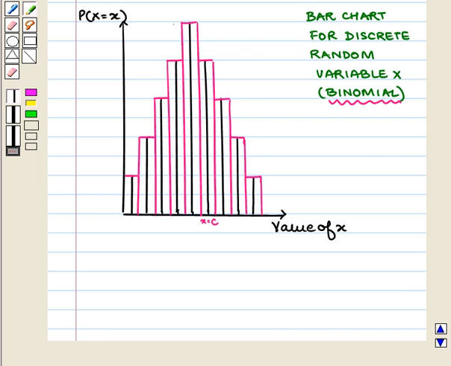See, when we moved 0.5 units left and right of x equal to c, c has now become the midpoint of the bar drawn. The area under this bar is equal to P(x = c), that is the probability of x equal to c.